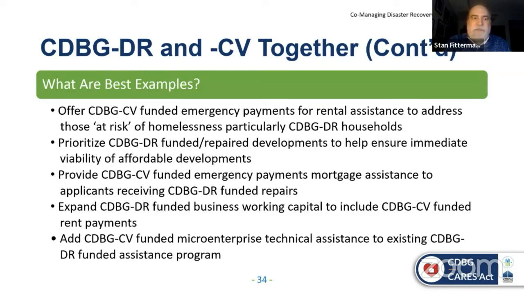Emergency mortgage payments could be prioritized for applicants to receive DR funded repairs. Again, we don't want the risk of a DR funded repair and then have someone lose their home because they couldn't afford to pay their mortgage because they lost their job because of COVID. Expand DR funded business working capital to include CV funded rent payments. Remember, with business assistance programs, we could pay the rent for a business.